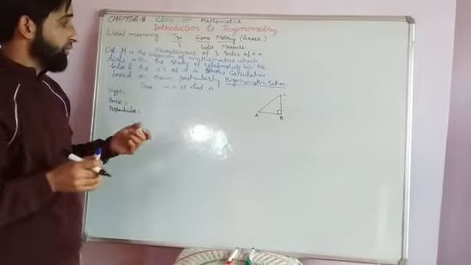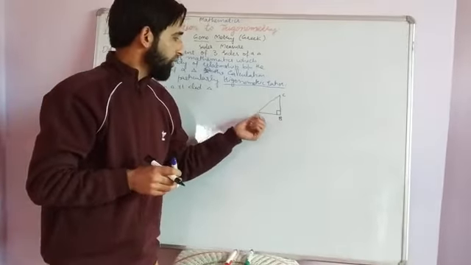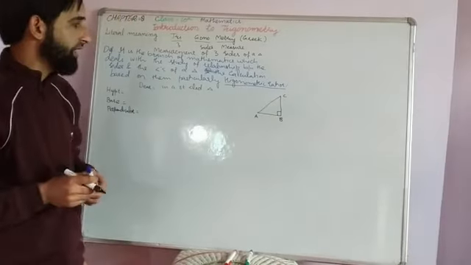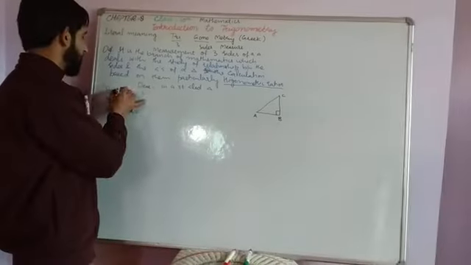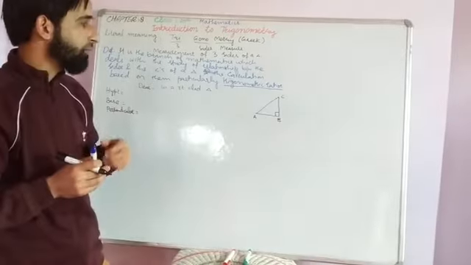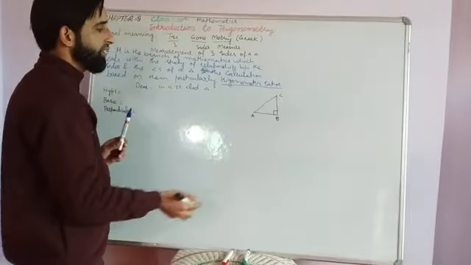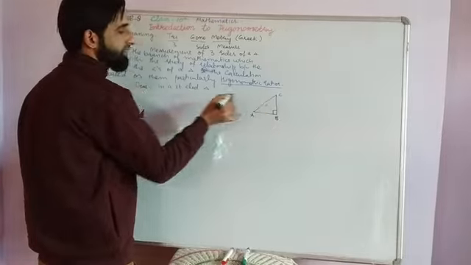Before calculating the trigonometric ratios, we can identify which side is base, which side is hypotenuse, and which side is perpendicular. Let's start with the hypotenuse. In a right triangle, the hypotenuse is that side which is opposite to the right angle. Here, the right angle is angle B, and the side opposite to it is AC.